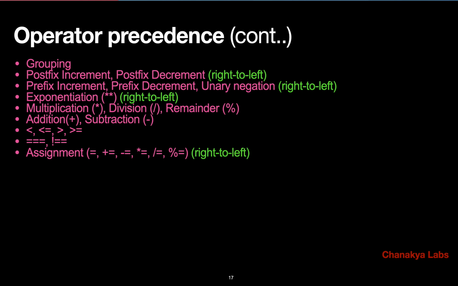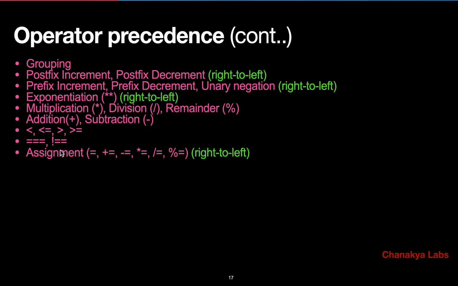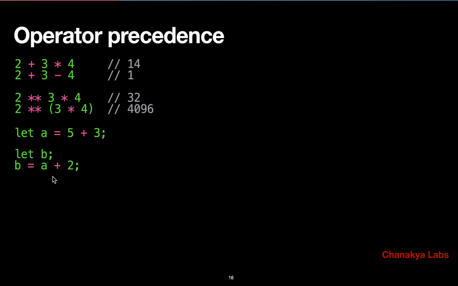You can see that assignment has the lowest priority, which means that you do everything else and in the end you do the assignment. So from this table it is becoming clear how expressions are being evaluated.